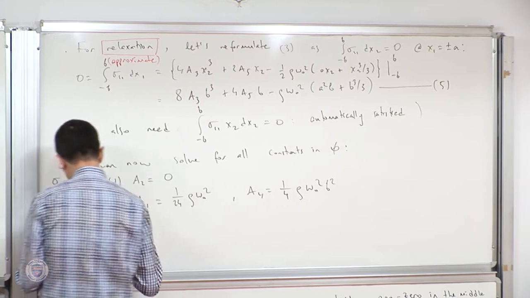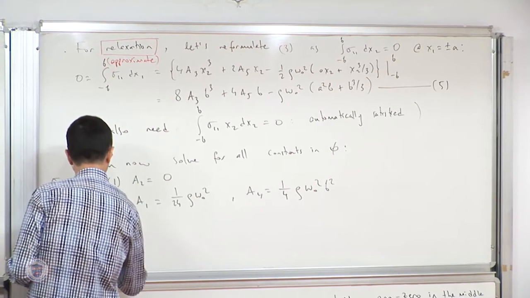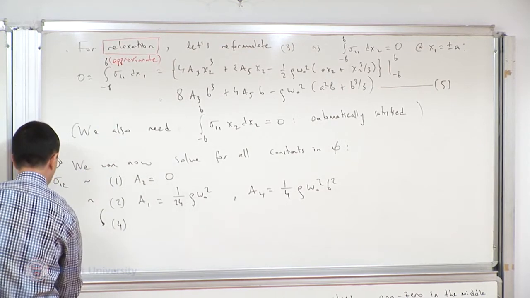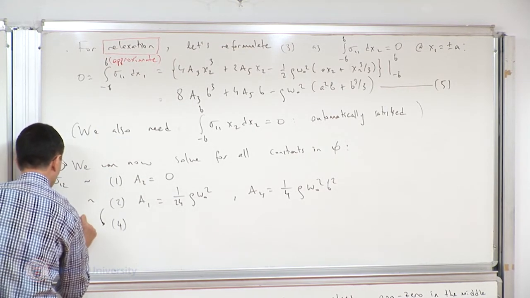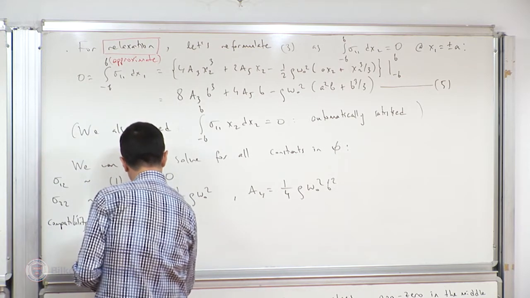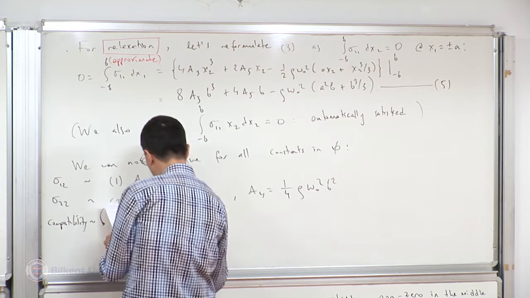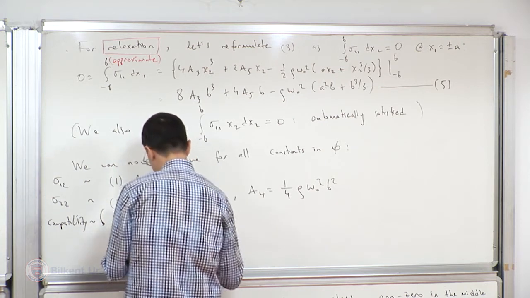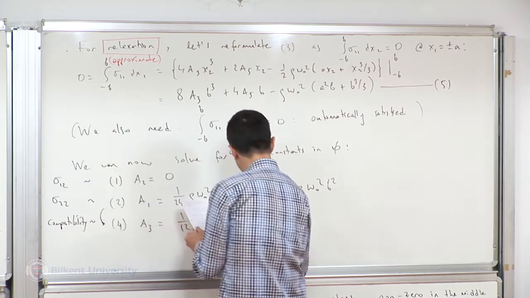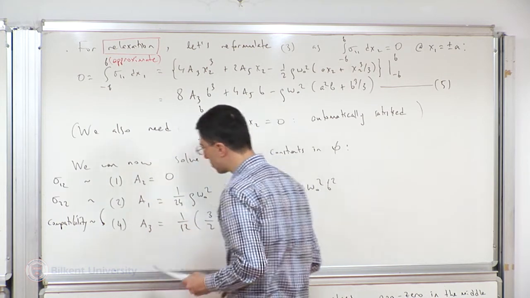So that's now equation 4, right, from that. And so we have compatibility here satisfied. And that one will give me, making use of A1, 1 over 12, 3 over 2, 1 over omega, rho omega naught squared.